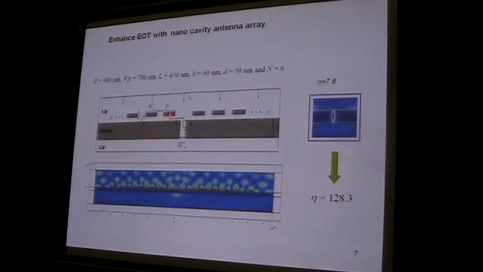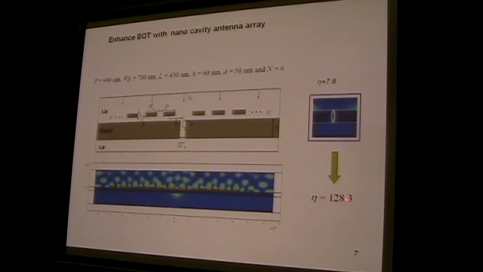So then we form many cavity antennas, like an antenna array, and the light shining on these structures, hitting on the top, and through these gold nanorods, we can enhance the transmission to this single hole, and the result is 128% efficiency.